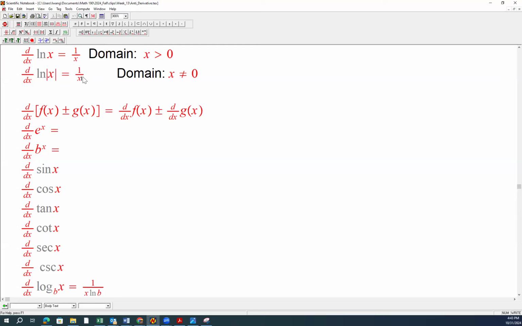So which one do we use? If you know x is positive, then you can use this one. If you're not sure, you just use this one. In fact, this one is more commonly used.